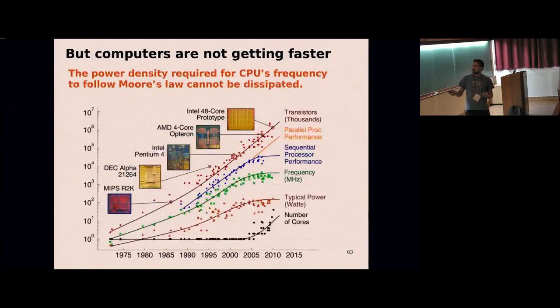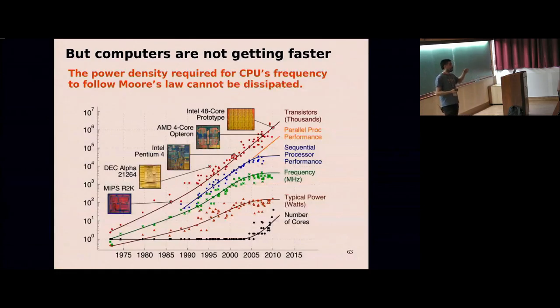This is showing you quantitatively that that is actually not the case. Maybe you're too young, but if you think of 5 years ago, the computers were 2 gigahertz or something like that, right? Today, they're still 2 gigahertz.